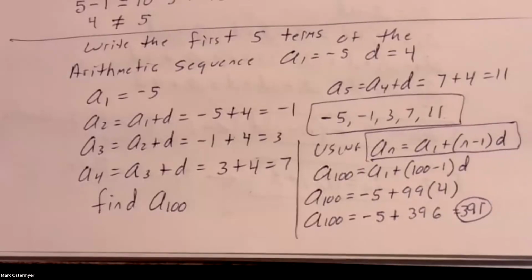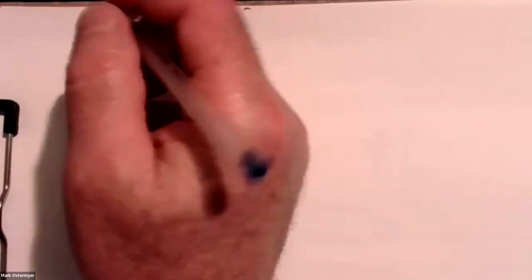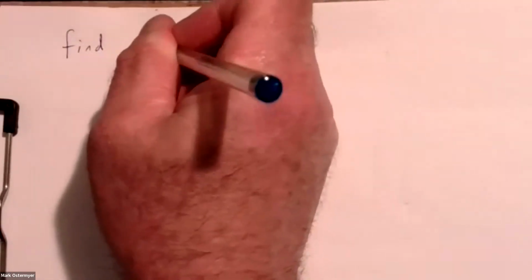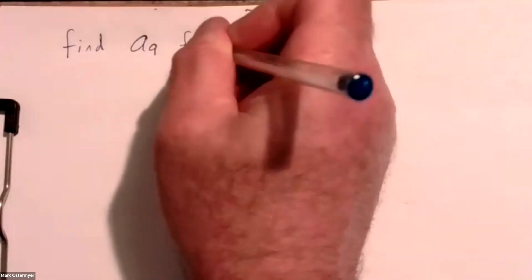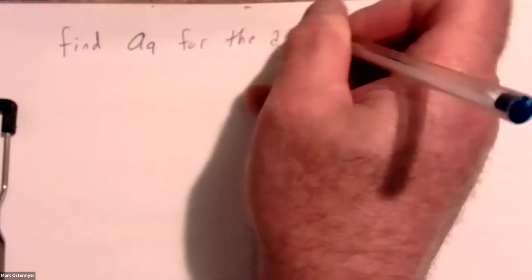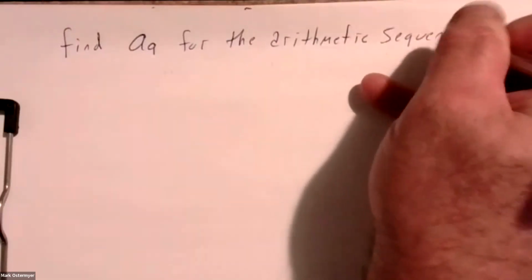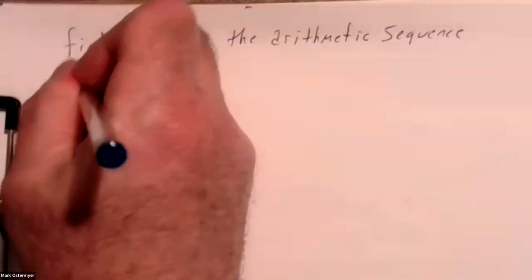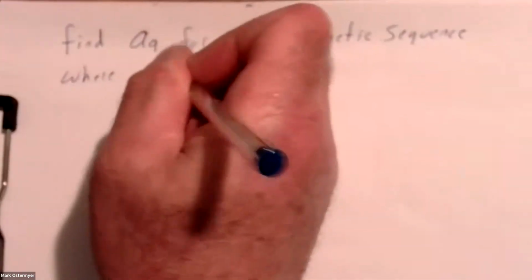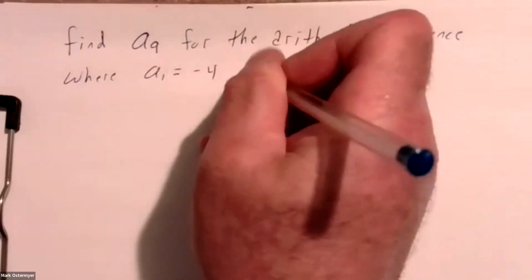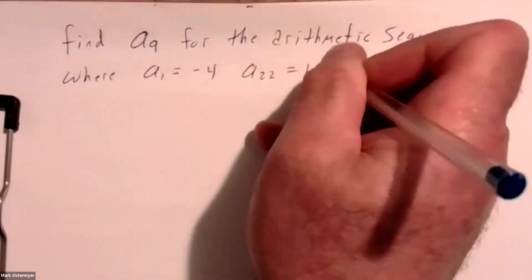All right. You ready? All right. Suppose you want to find the 9th term of the arithmetic sequence where the first term is -4 and the 22nd term is 164.